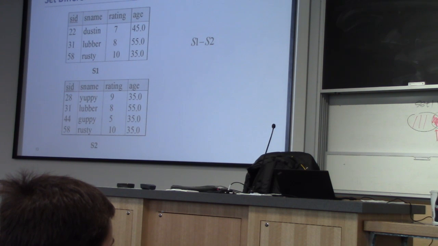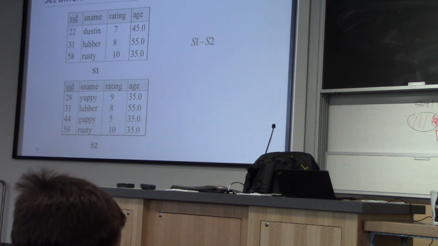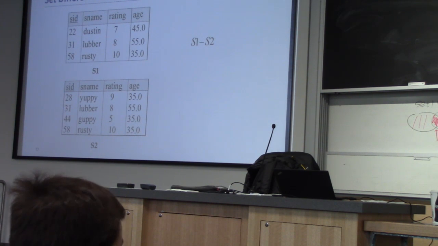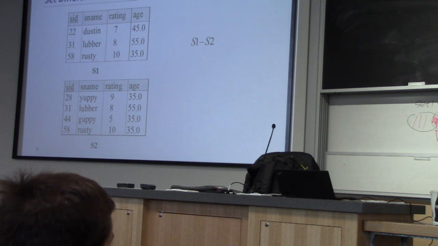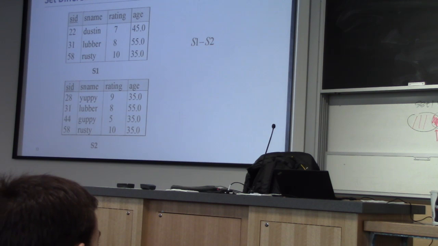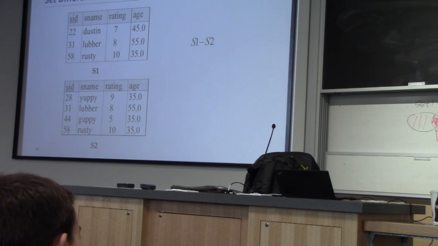Does that make sense? Let me ask another question. Do we need to worry about duplicate elimination for the set difference operator? You said no. Can you explain why? Because if set 1 doesn't have any duplicates, then set 1 minus set 2 also won't have duplicates.